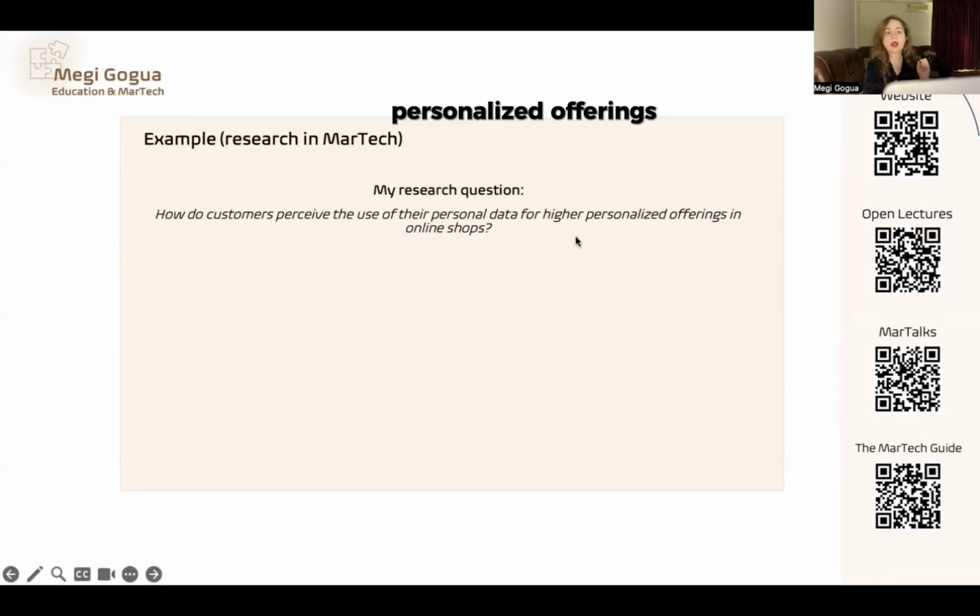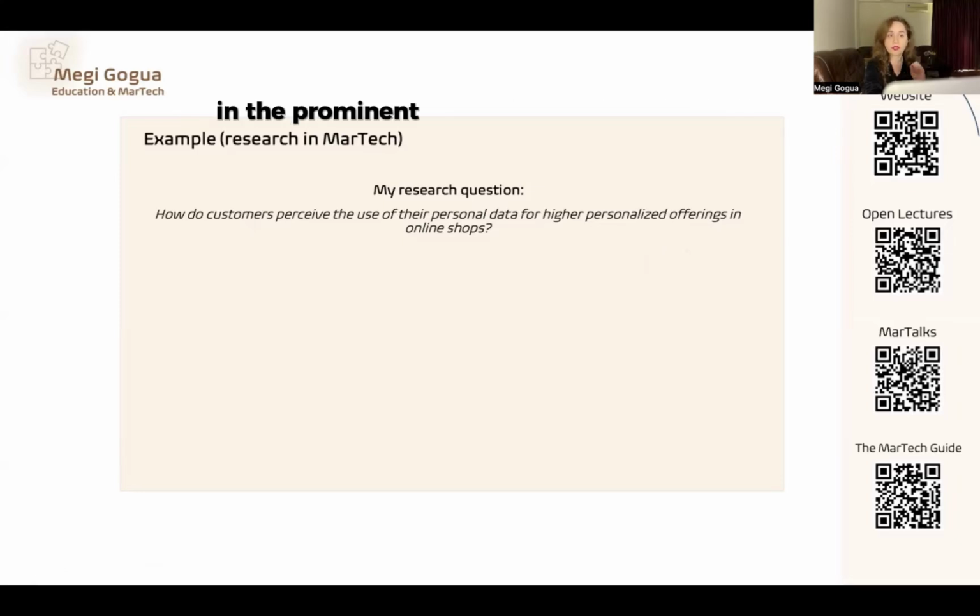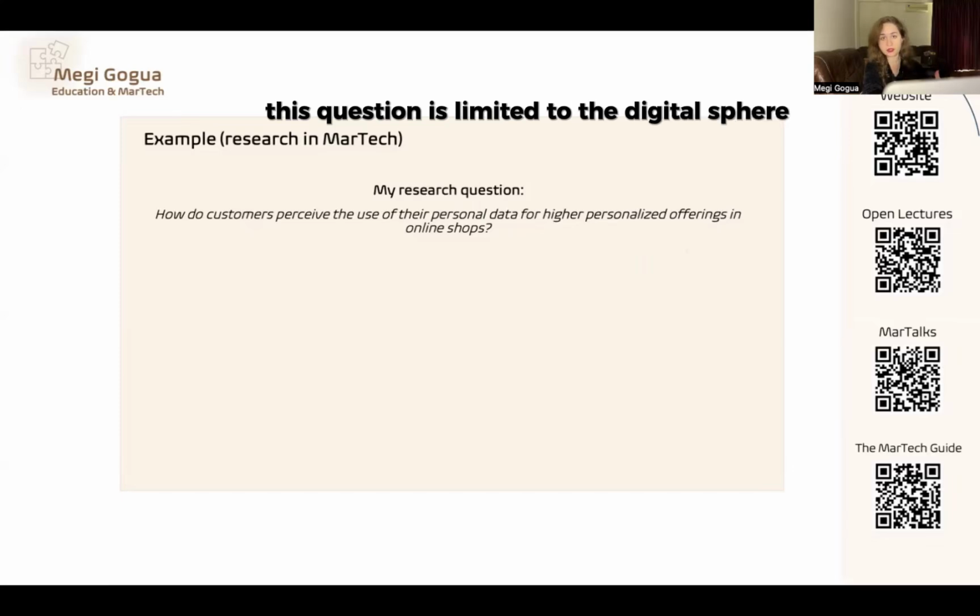Personalized offerings, highly personalized offerings, or maybe more personalized offerings, or maybe the higher rate of personalized offerings, which can also be the term, the prominent part of the research question itself in online shops. So this is the limitation for the research question in terms of its application. So the shops, this question is limited to the digital sphere, let's call it that way.